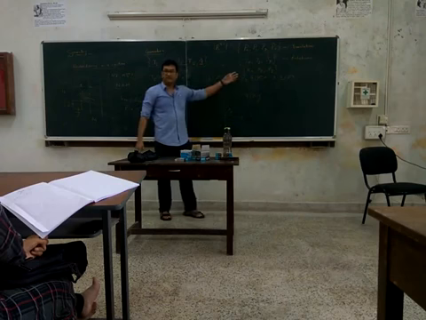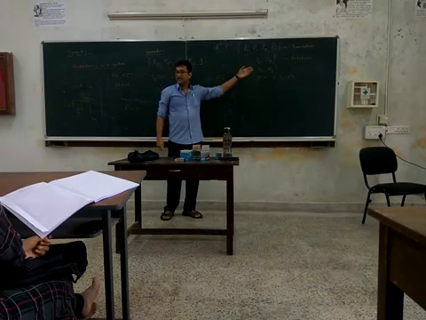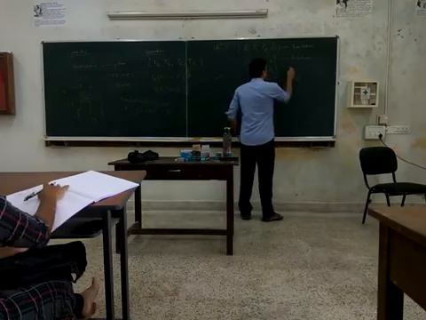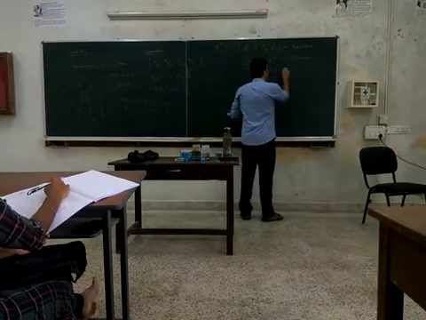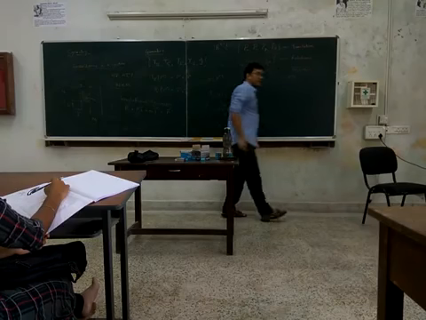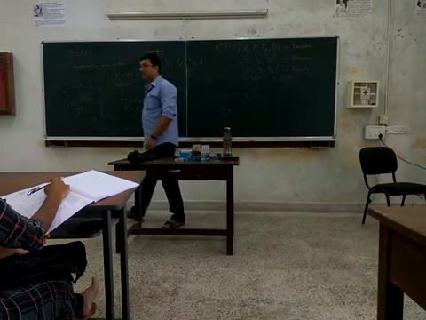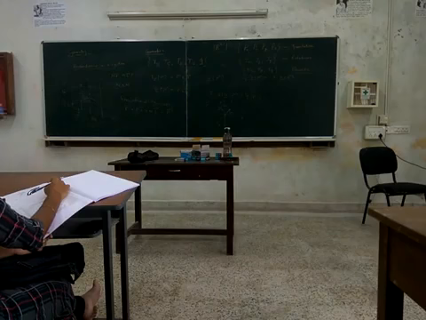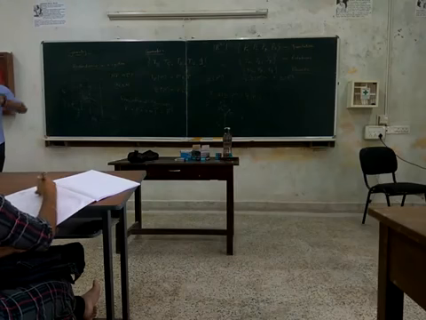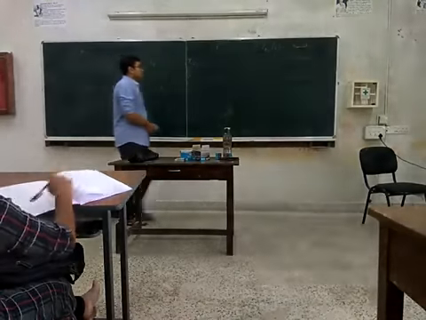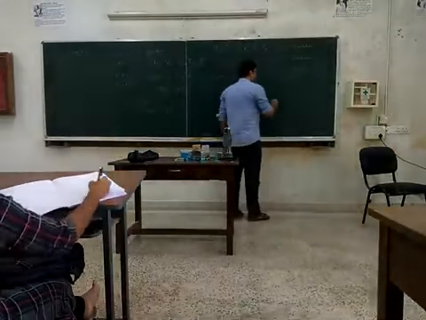Normally in the text we find them labeled as K's, and these are known as the boosts. So what is a boost? A boost is a change in the velocity of the system. So what does the boost do?